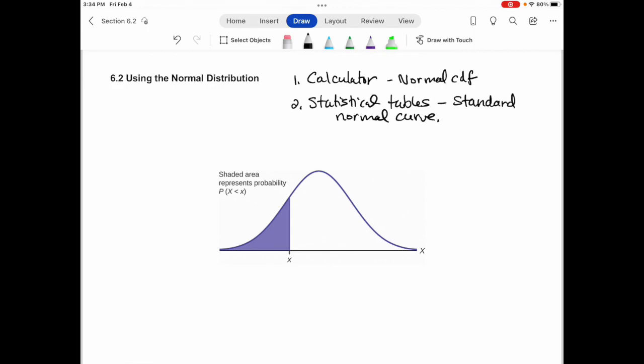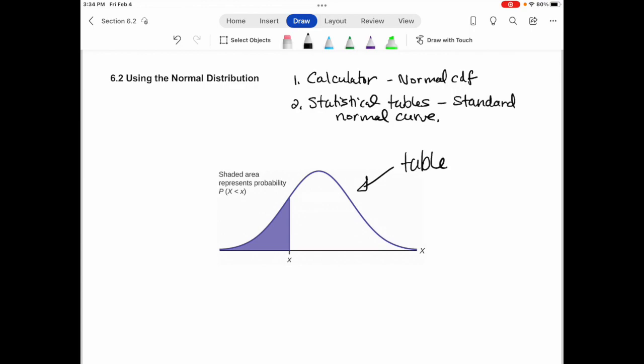So if you want to use the statistical tables to do this, what you're going to do is find the area under the normal curve by first converting your upper and lower bounds of that interval using z-scores. And then you're going to use the z-scores to look up on the table to find the area under the curve. Now, this is what it will look like on your table.